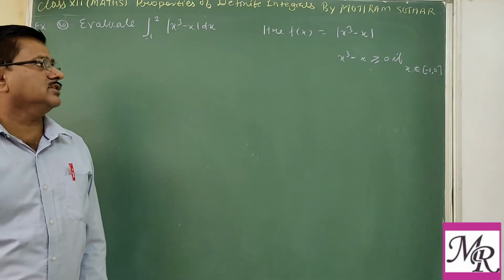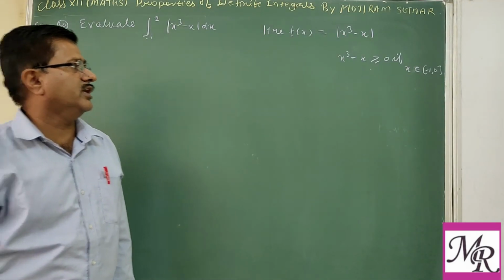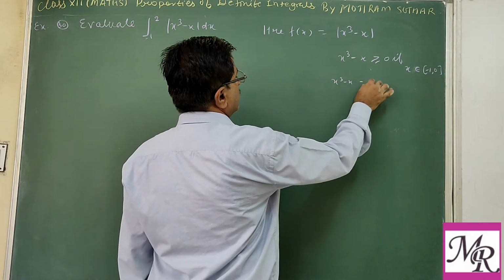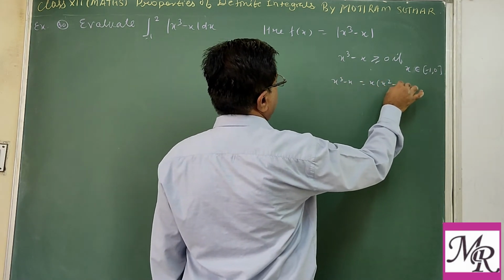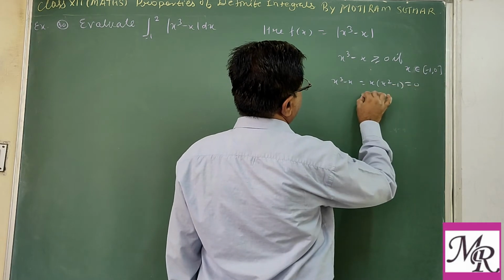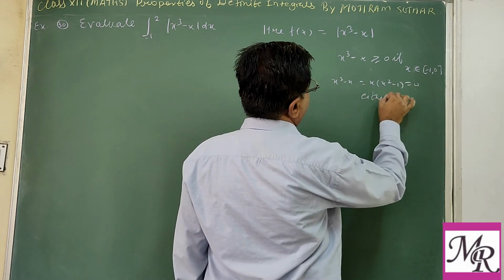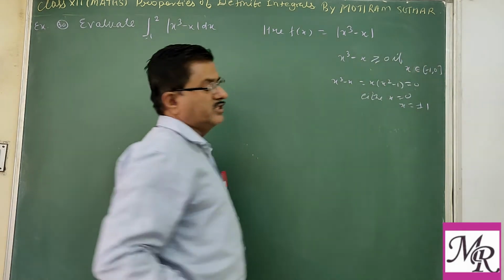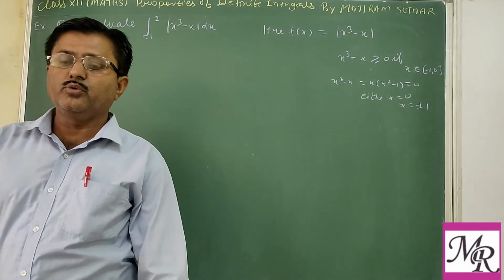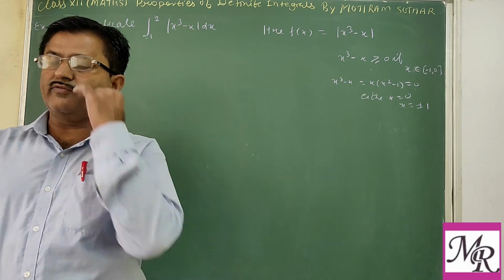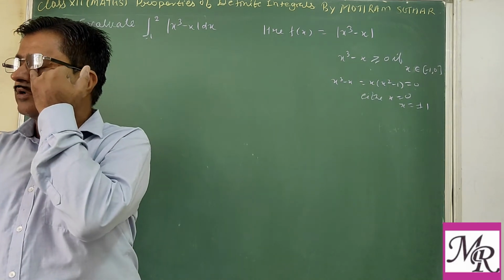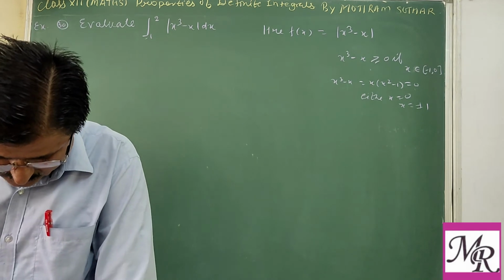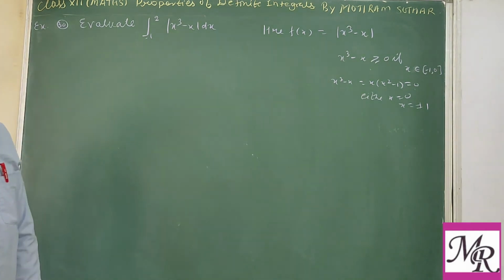How do we know this is 0? For that you can factorize and simplify: x power 3 minus x, take x common, so x(x square minus 1) equals 0. So you can say either x equals 0 or x equals plus or minus 1. These are the points where we can define whether the function is positive or negative. So x equals 0 or x equals 1. Clear?